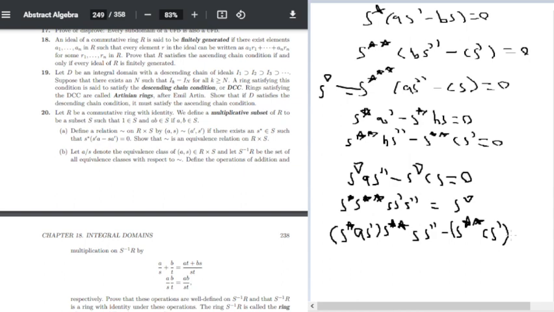CS prime, S, SS, SSS, S prime prime, S star, something like that.